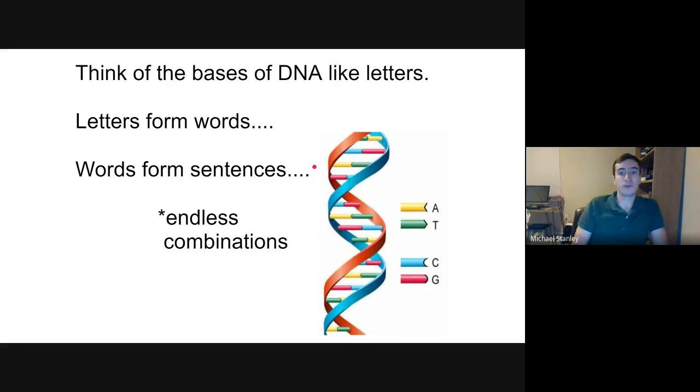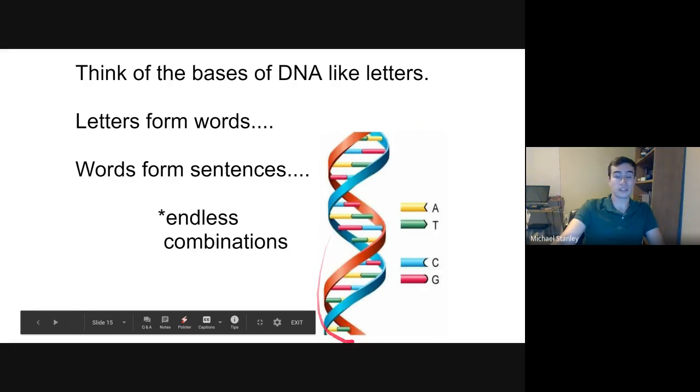All the books that have ever been written are different because the authors put the words in different orders and changed up how the sentences work. So just based on the 26 letters in English, we can get books that are thousands of pages long, filled with all sorts of different words.